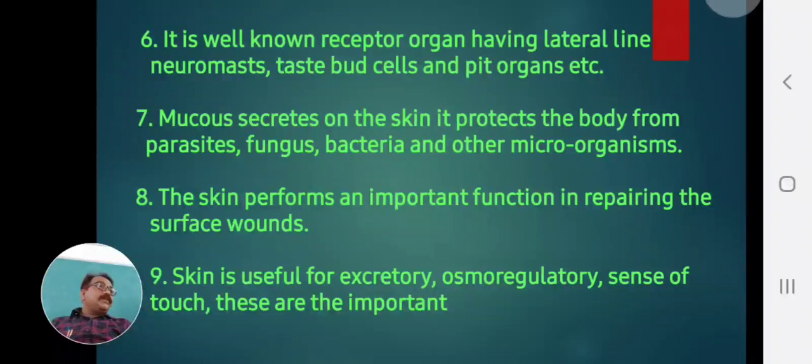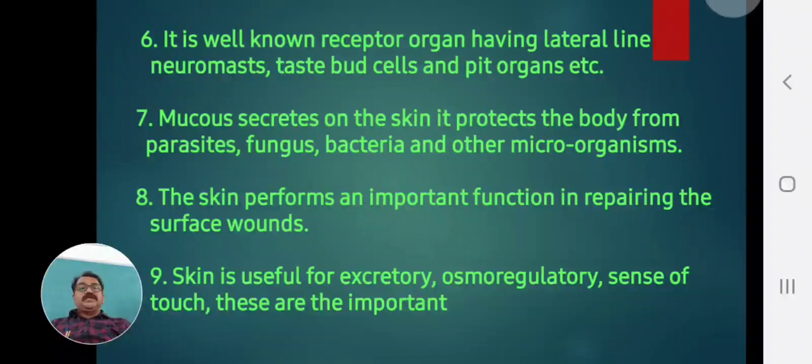In the excretory function, nitrogenous waste liquid material is expelled out through the skin in emergency or adverse conditions. For osmoregulation, it maintains the salt-water balance, that is, the internal body fluid concentration relative to the external body fluid concentration. The skin is also important for the sense of touch.